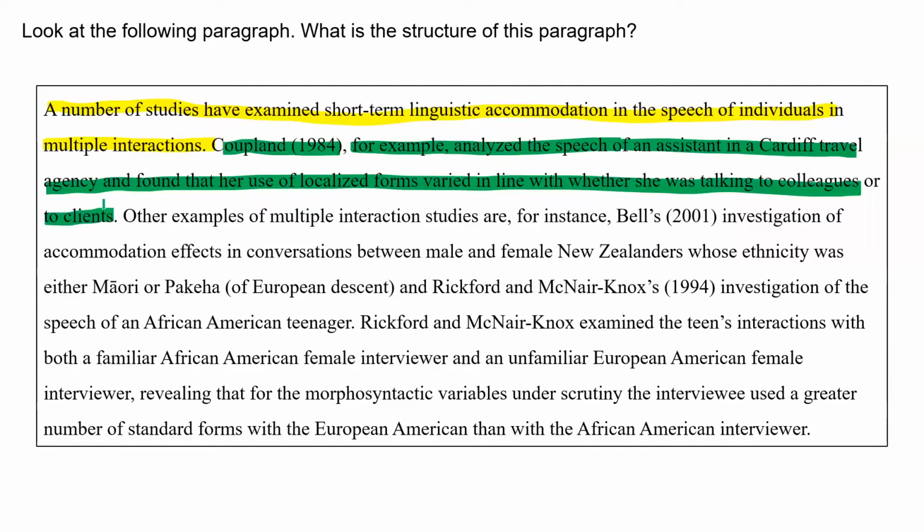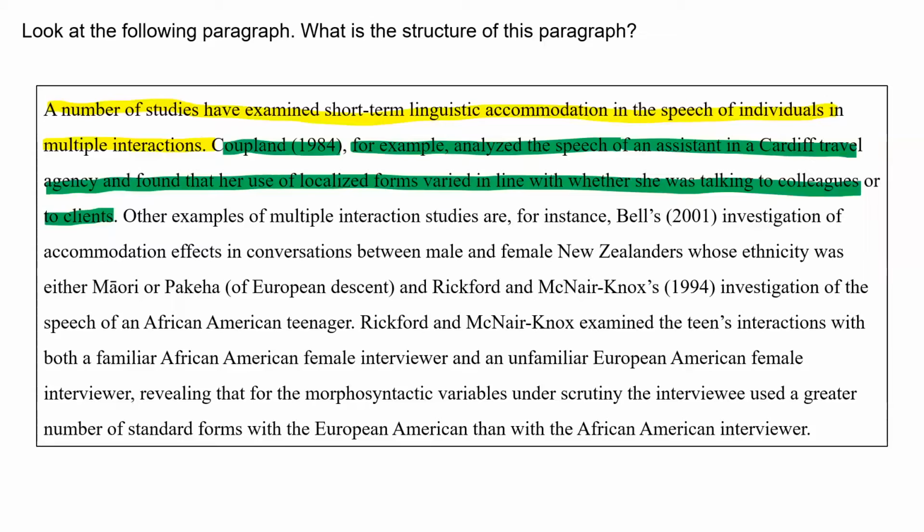That's a clear example of accommodation. Other examples of multiple interaction studies are, for instance, Bell's investigation of accommodation effects in conversations between male and female New Zealanders whose ethnicity was either Maori or Pākehā of European descent, and Rickford and McNairnock's investigation of the speech of an African American teenager.